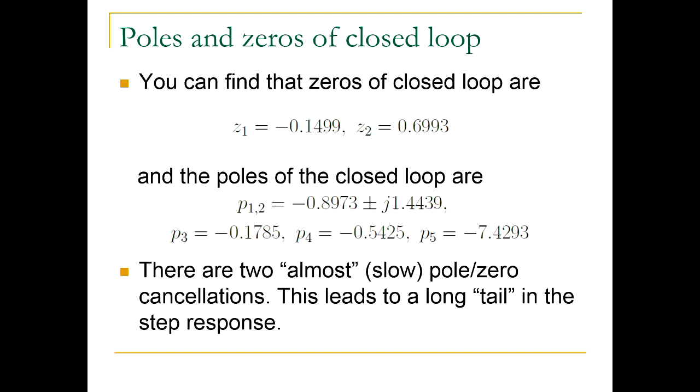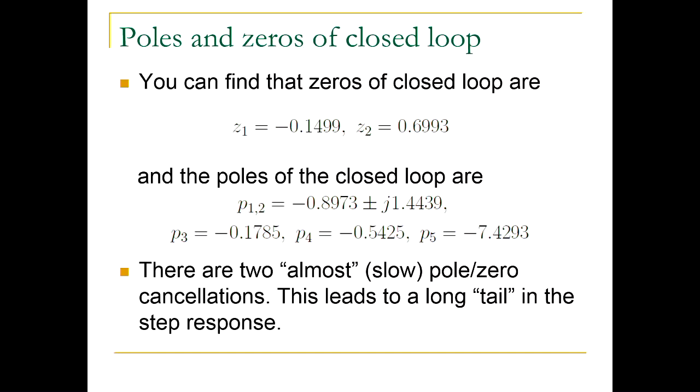So just to finish this example, if you now find what the closed loop poles and zeros look like, you can see that there are these zeros. This 0.6 and pole, sorry, there's a minus there. I think there is a minus missing. I'll just check in Ogata, sorry about that.